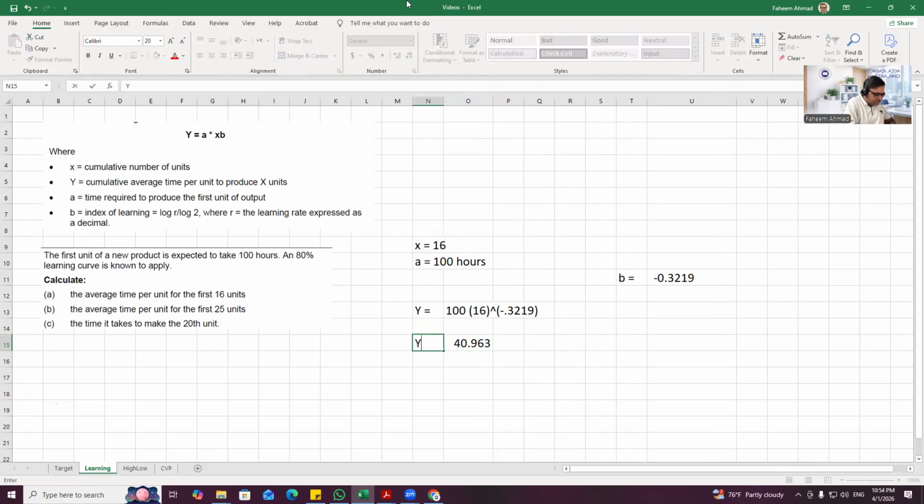Okay, so this is y. So this is cumulative average time per unit to produce x units.